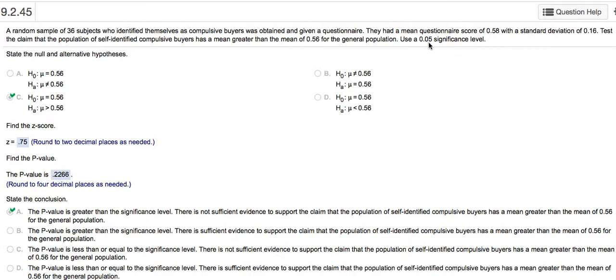the general population. So when we set up our null hypothesis, we're always going to use our population. So we're going to have H sub naught: mu is equal to 0.56. And we're testing greater than, so our alternative is mu is greater than 0.56.